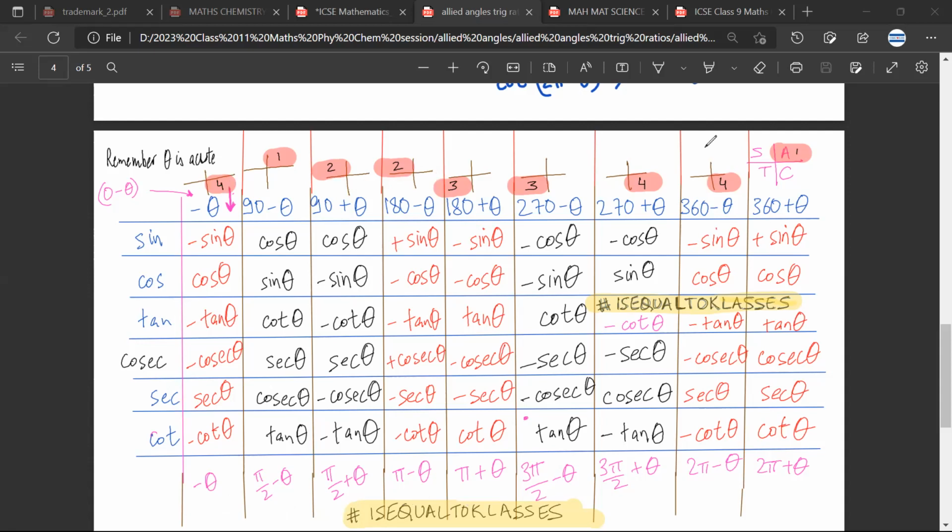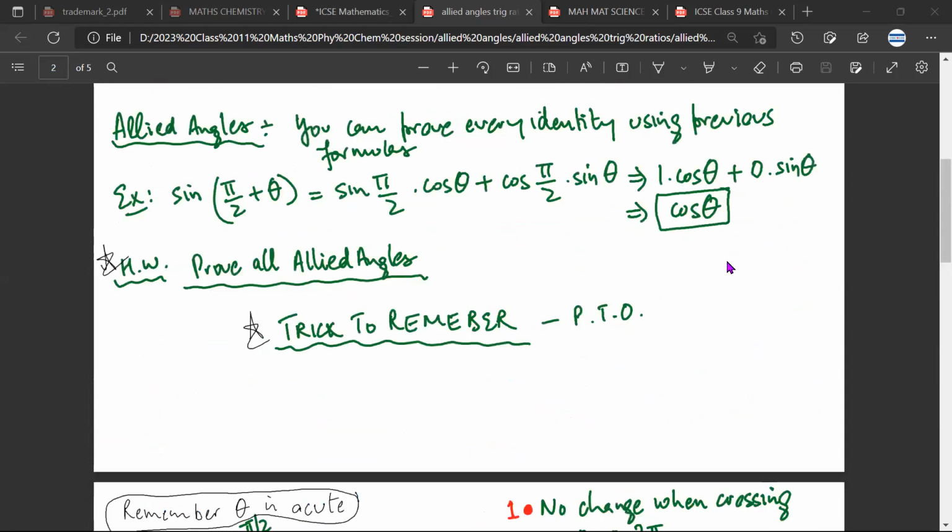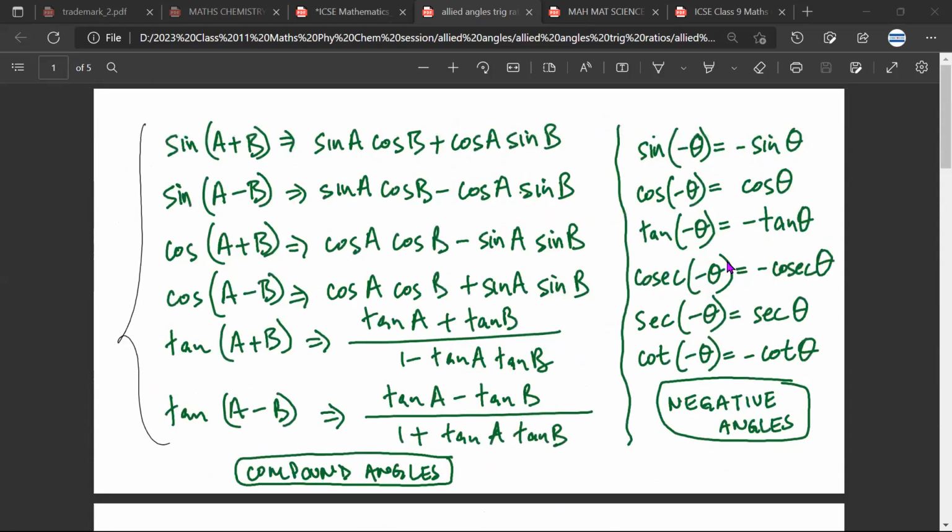So now there is a bit of background. We don't need to go much into the background. That will be a separate lecture, so don't worry about it much right now. But these are the six identities that you'll have to cram.